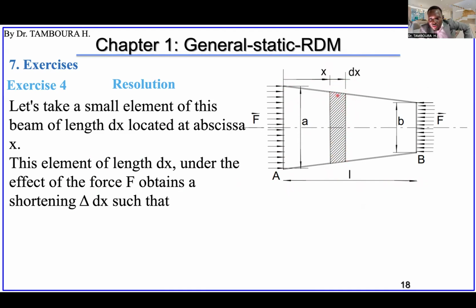So dx is the thickness of this small element. It is drawn large to allow people to see, but the two sections will be very close.